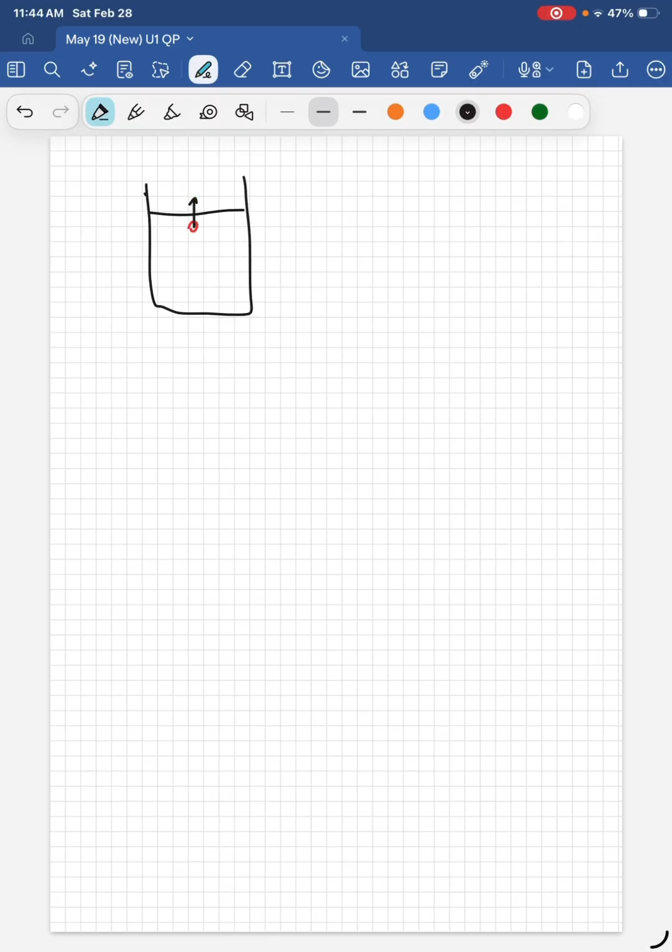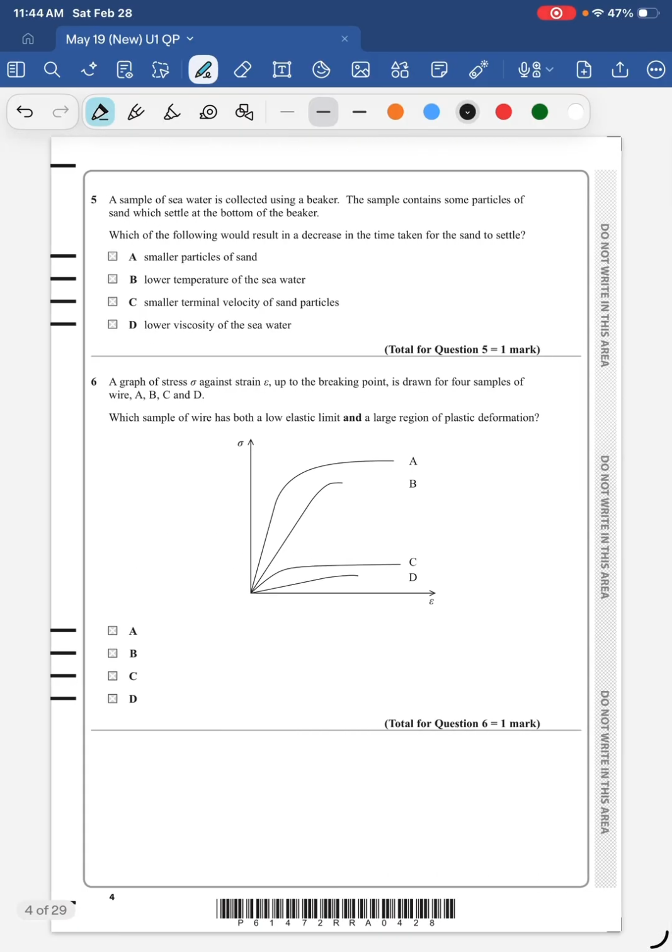So it experiences some upthrust, and the drag force, F drag, and it also experiences the weight. I think they say that we can ignore the upthrust. Do they say that? No, they don't.